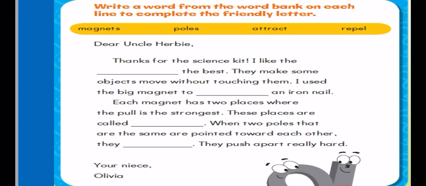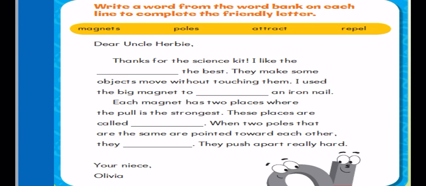What do I call it? Write it in the blank. Then, I used the big magnet to an iron nail. How could you use a big magnet? You are going to use a big magnet to do what with the iron nail?